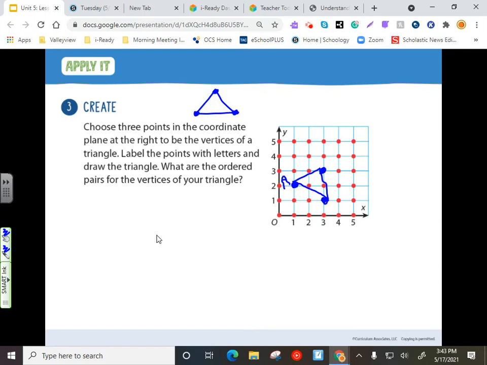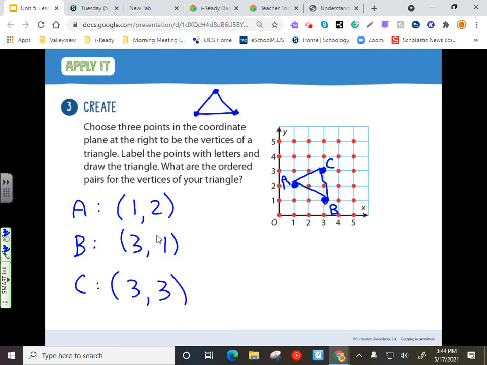And let's call this A, this is B, and this is C. What are the ordered pairs for the vertices of your triangle? So A, the vertices are over 1, up 2. For B, that was over 3, up 1. This last one for C is over 3, and up 3. So there's my 3 points for my triangle.